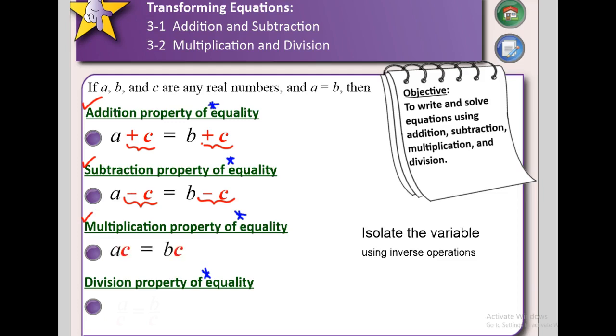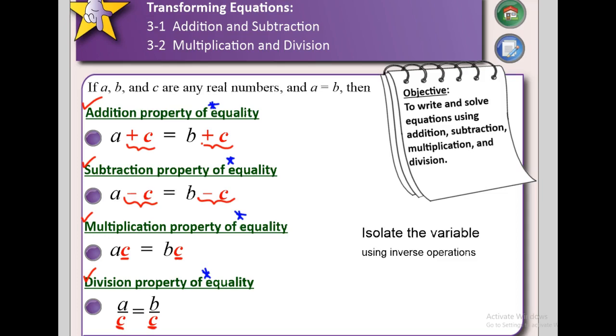If I multiply one side by C, then I have to do the exact same thing to the other side of the equation. Then our division property of equality, you got it. If I divide one side by C, I have to divide the other. So whatever we do to one side, we have to do to the other.